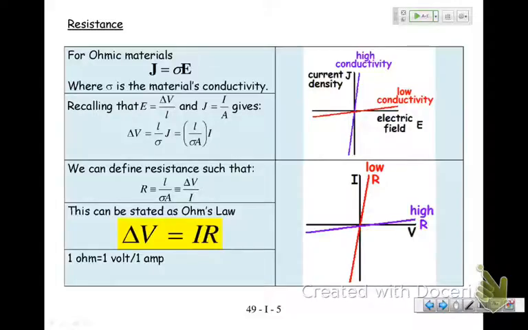So in deriving it, they go through conductivity, but once you get to resistance, that's the figure of merit you tend to use. And basically we get this idea that, okay, well, we have this thing called resistivity. Well, resistance for a sample, resistivity for a material. And we end up with Ohm's law.